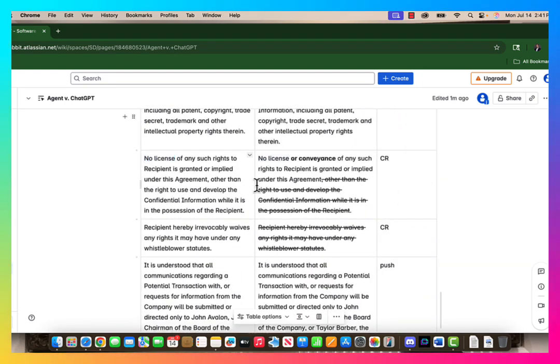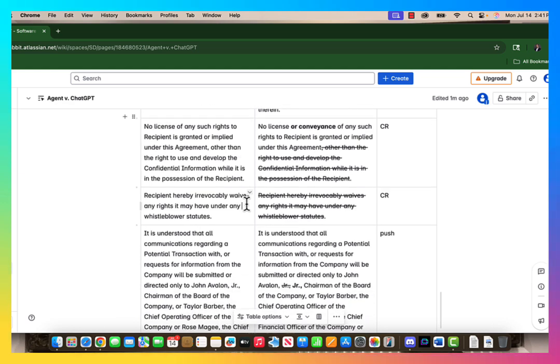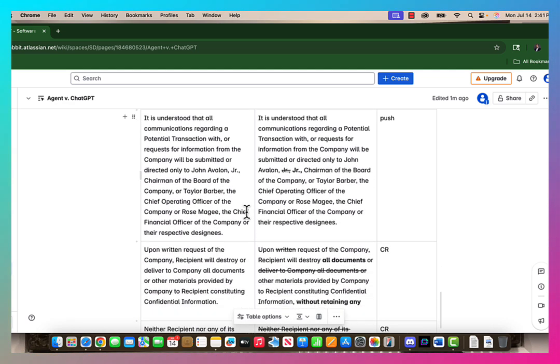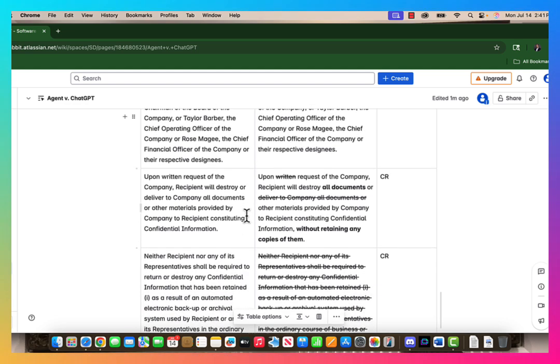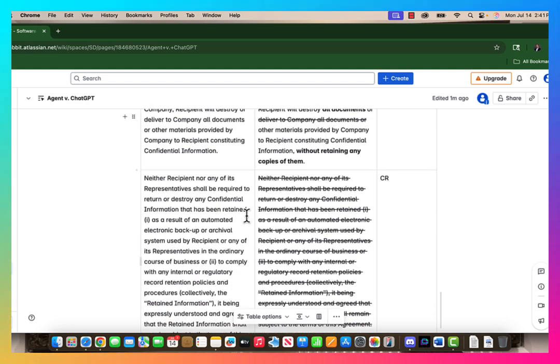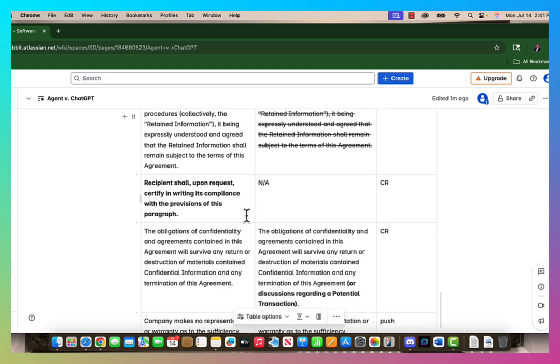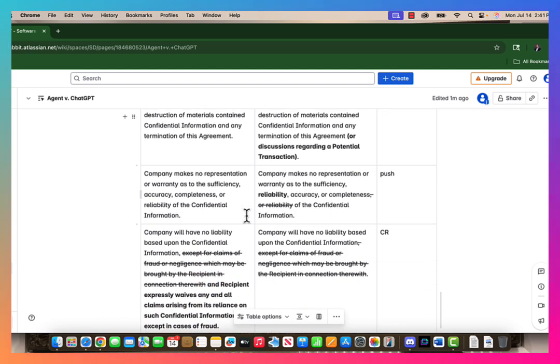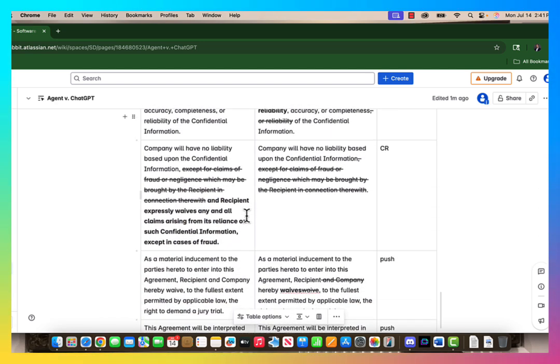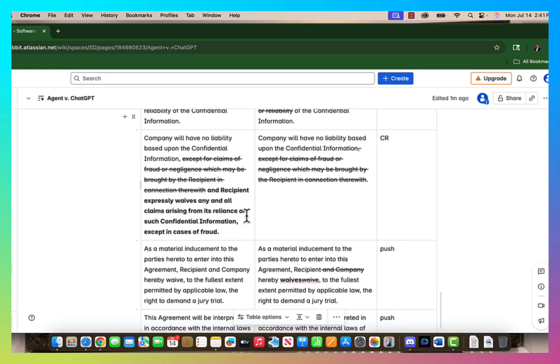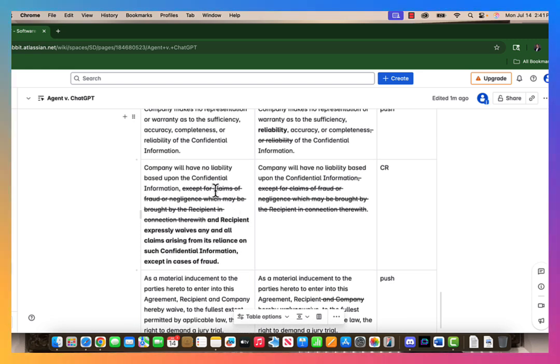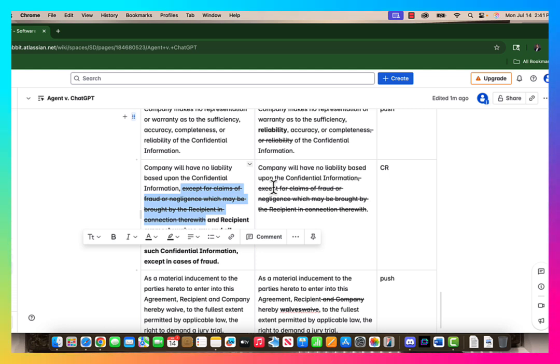So you can see how in a lot of ways it lacks the holistic understanding necessary to make a good markup of these documents. And I want to focus on just a couple more examples to further elaborate on that point. Oh, here's a good one. So both the models crossed out this carve-out because it's not in the precedent set.